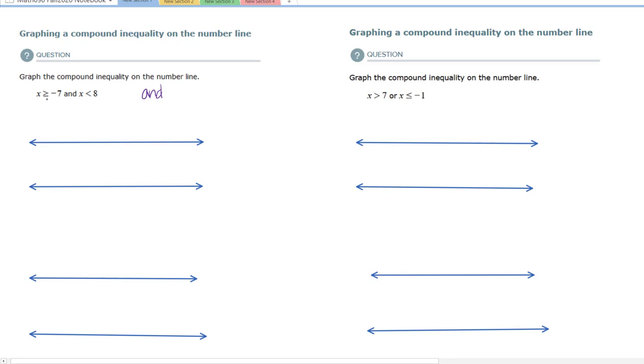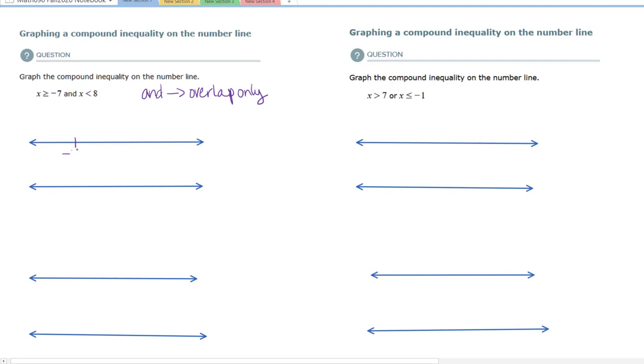So I want to figure out what are the numbers that are greater than or equal to -7 and also at the same time less than 8. So "and" means look for overlap. Overlap only. So to figure out where that is, let's graph both of these on the same number line. Alex, I think, shows you graphing them on two separate number lines, but I think that makes it more difficult.